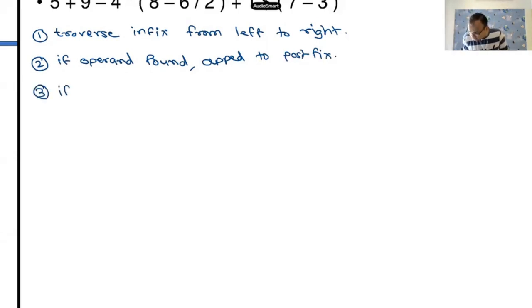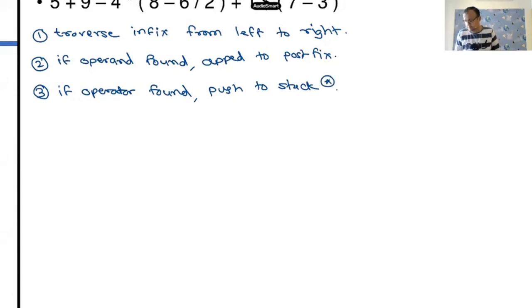Next, if operator is found, yes, definitely I want to push to the stack. But remember, conditions applied. What is the condition?